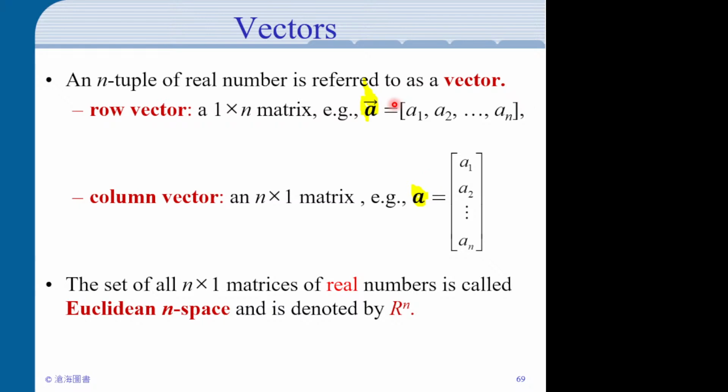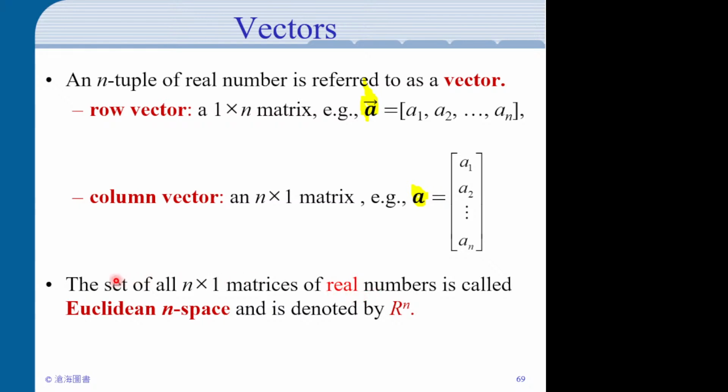Then here we give you a different concept, the concept of a vector space. We haven't talked about space more, but anyway, we define Euclidean space as the set of all matrices that have real numbers.